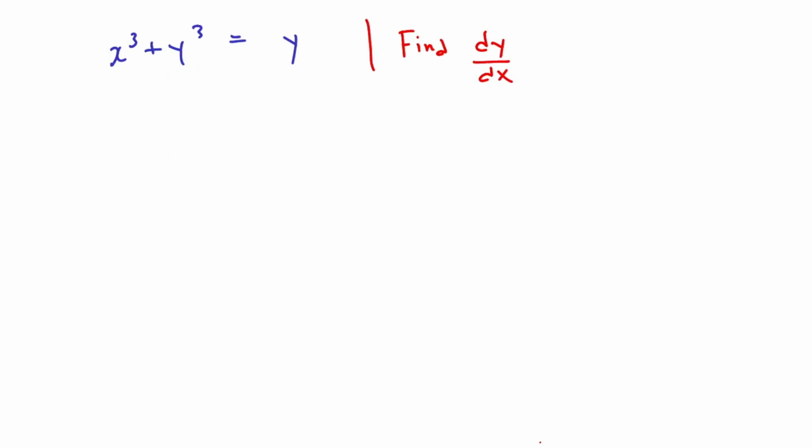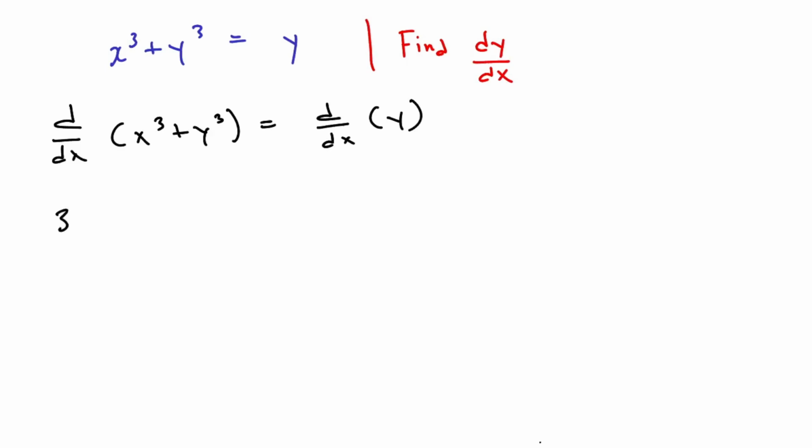The way I would approach this problem first is I want to take the derivative of both sides. So let's do that. It would be d over dx of x cubed plus y cubed is equal to the d over dx of y. Okay, so now let's take the derivative. Using our power rule, it would be 3x squared, plus 3y squared.